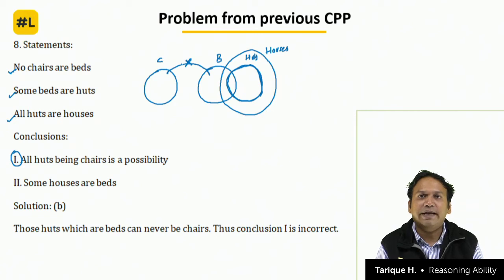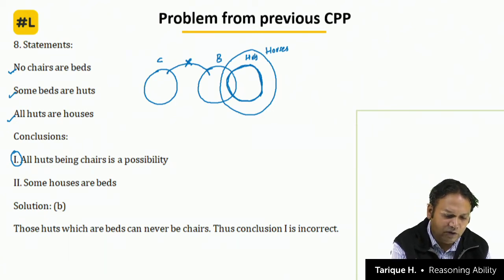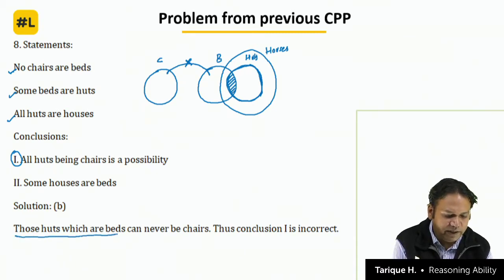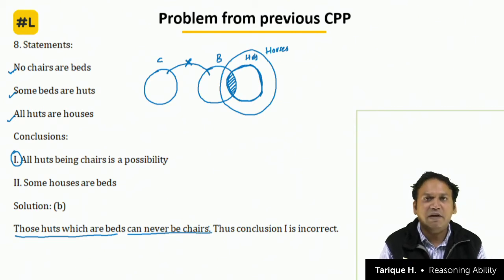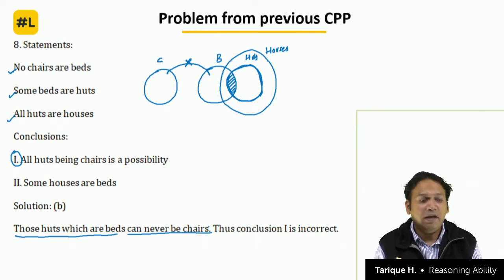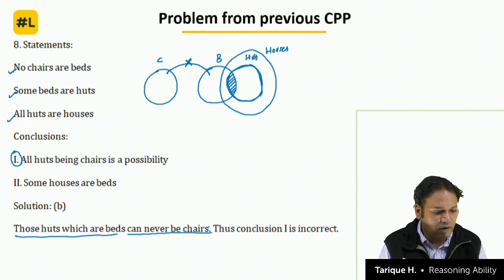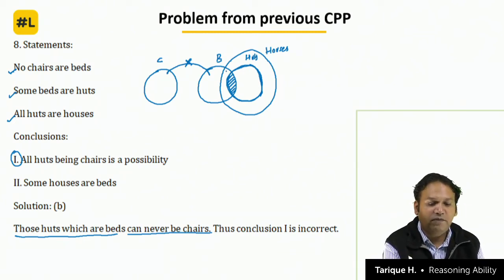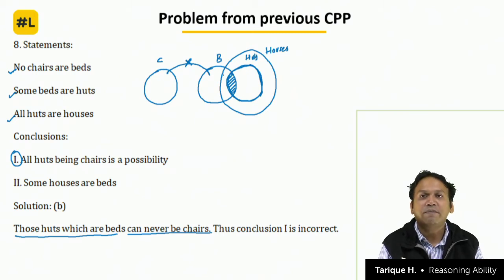The circle for beds can never overlap with the circle for chairs, and we know that there is a part of huts that overlaps with the circle for beds, and those huts which are beds can never be chairs. That is why we can say that all huts being chairs is not a possibility. That's very, very important to keep in mind: if there is an overlap between these two circles, then the circle for huts cannot be completely contained inside the circle for chairs.